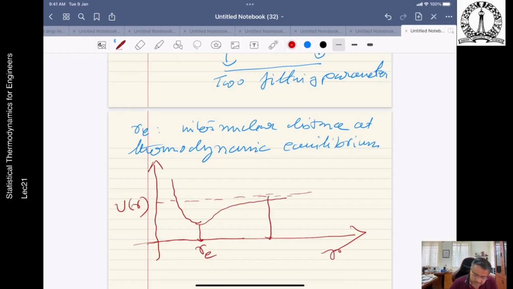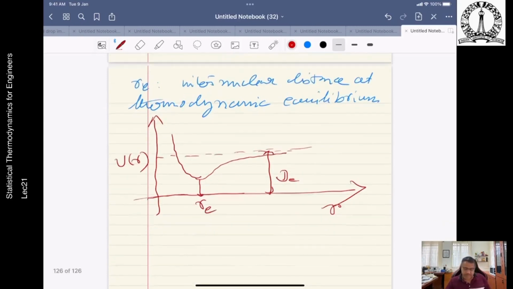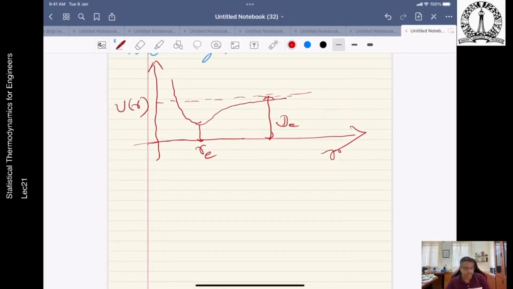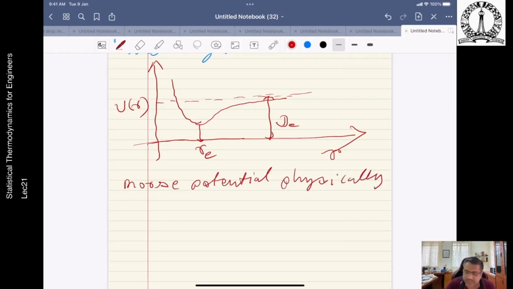This is basically your dE. So you need a fitting parameter essentially for this internuclear distance, right? So what does the Morse potential actually mean? The Morse potential physically represents the chemical bond.